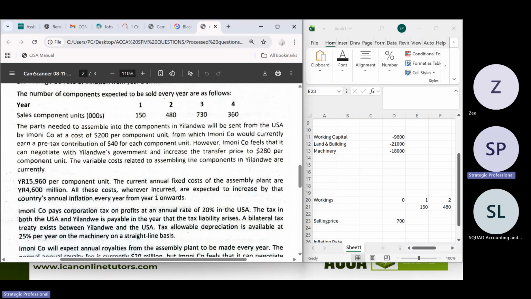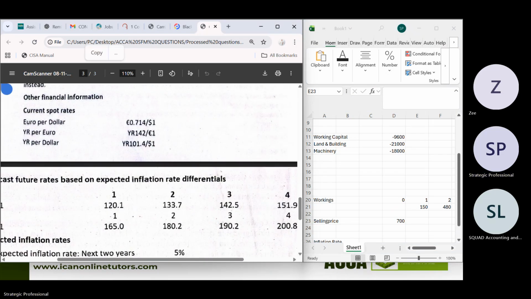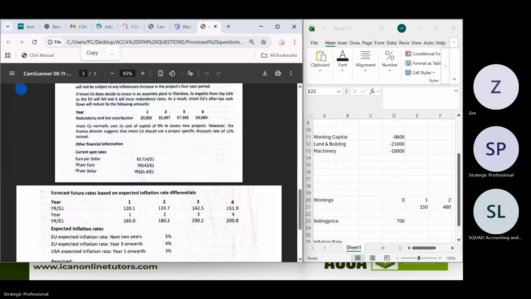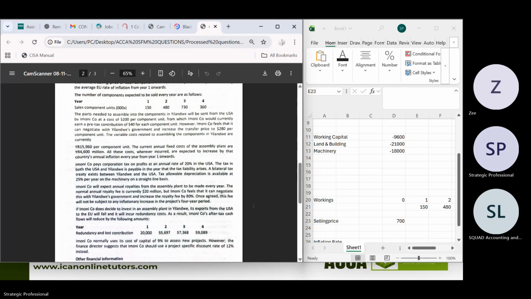Now let's go to the average EU rate so that we won't waste time. Down we have it.